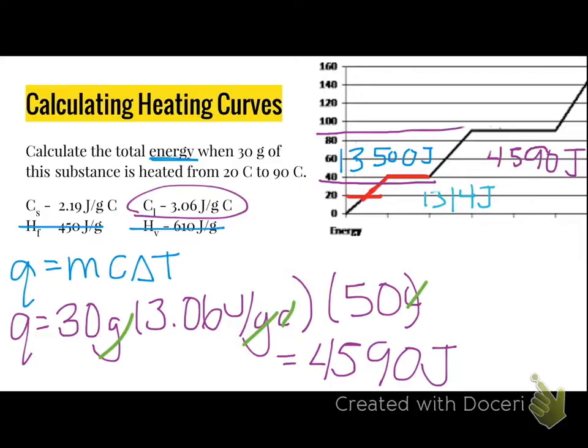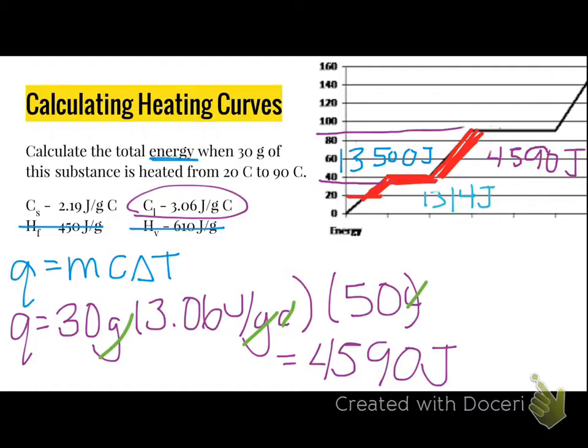So now we have covered this phase. So we have been looking at the temperature change from this entire red part of this line. We did it in 3 different steps because if you look at it, you have step 1 here, step 2 here, and step 3 here. So we have to account for each of those steps. Now we're looking for the total energy going from 20 to 90.